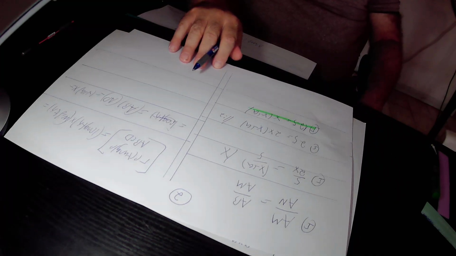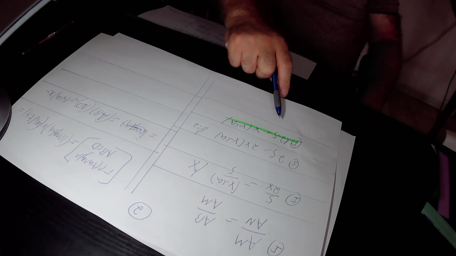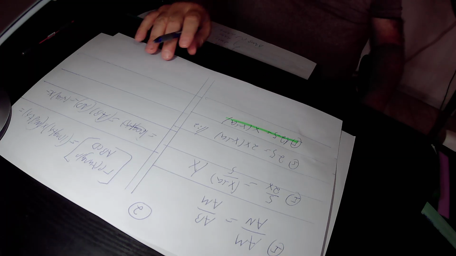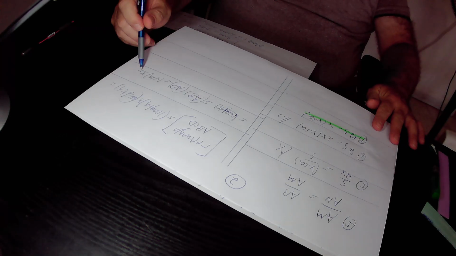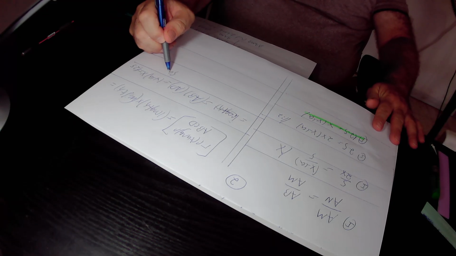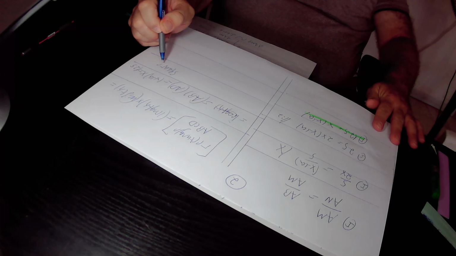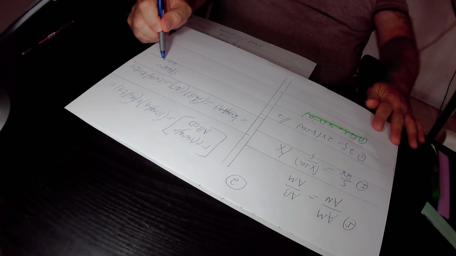But according to equation 1, x plus A times x is 12.5. So we substitute x plus A times x here by 12.5. So actually, in both methods, we found that the area of rectangle ABCD is equal to 12.5 square units.